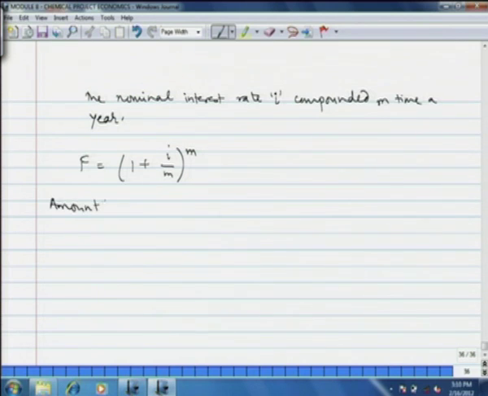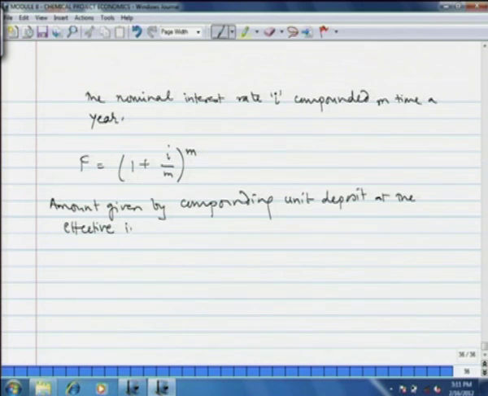Amount given by compounding a unit deposit, we assume deposit to be 1, at the effective interest rate I EFF at the end of year will be F is equal to 1 plus I EFF.